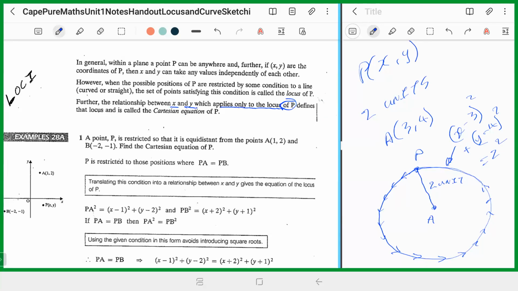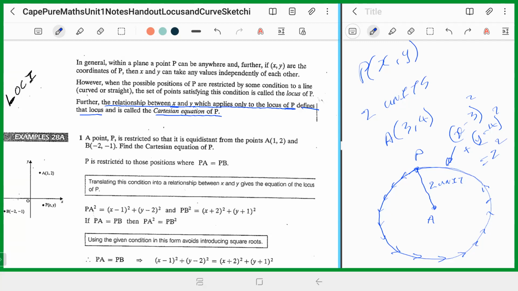So the relationship between x and y, basically the equation connecting x and y, when it applies only to the locus of P, in other words, the set of points that P can be on, when it defines that locus, that relationship is called the Cartesian equation.